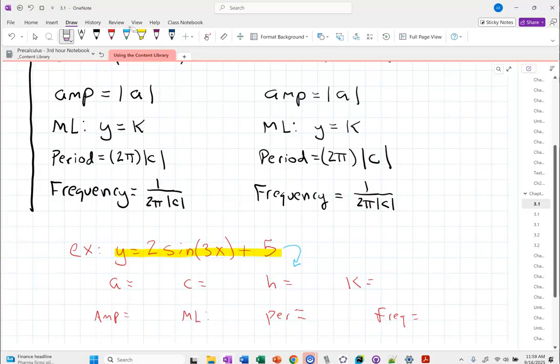So when I'm doing this, I like to start by writing that general form above so I can see things matching up.